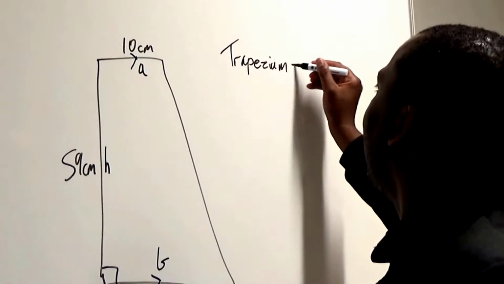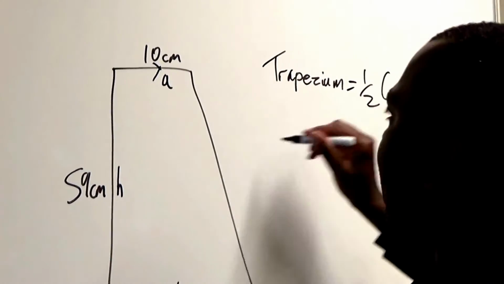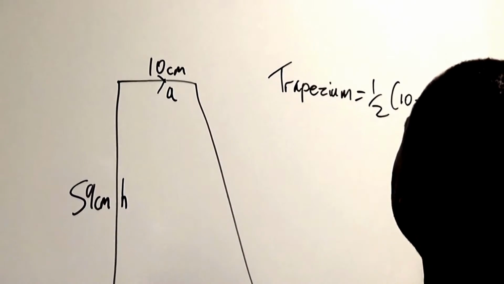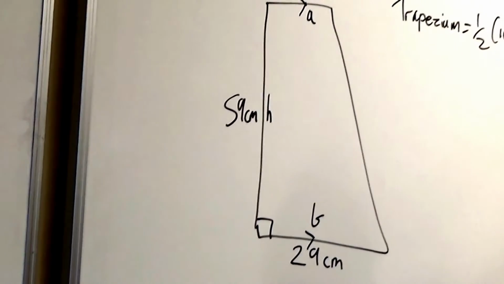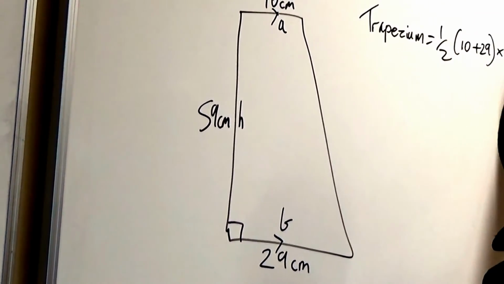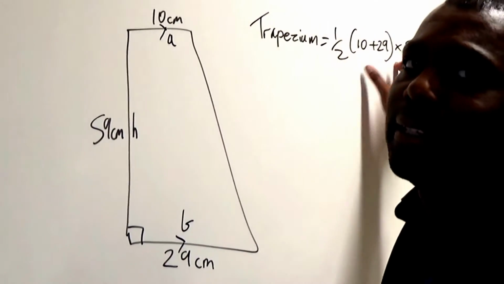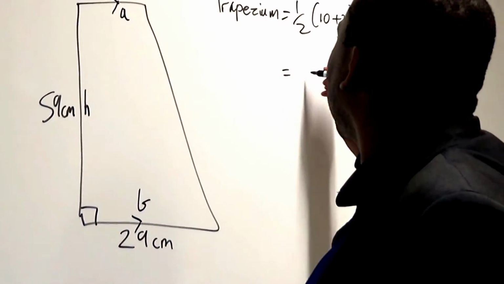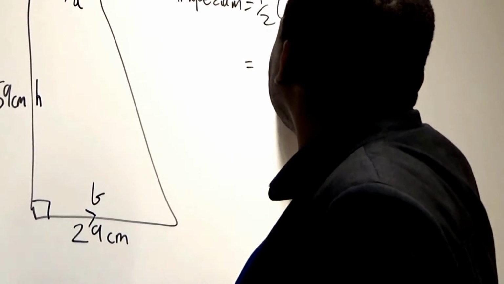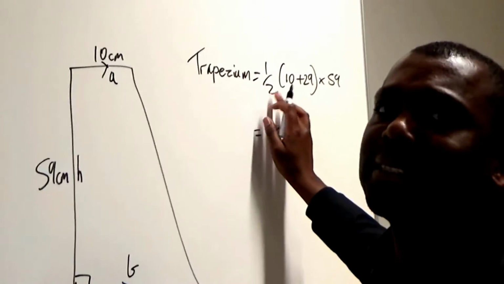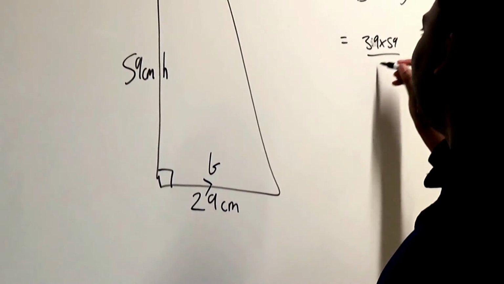Okay, so we've got our A is 10, our B is 29, and we're timesing it by 59. And we follow the rules of big maths, so we work out the bracket first. So that will be 39, so it's basically 39 times 59, and we're timesing it by half, which is the same as dividing by 2.